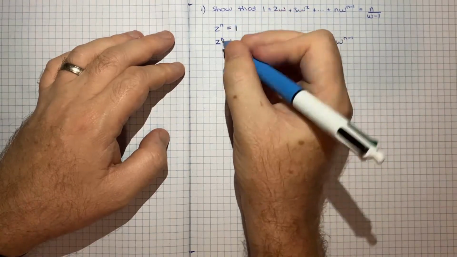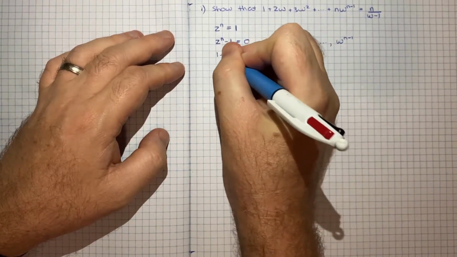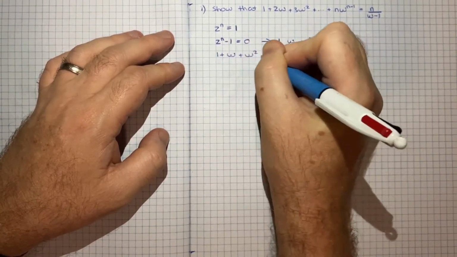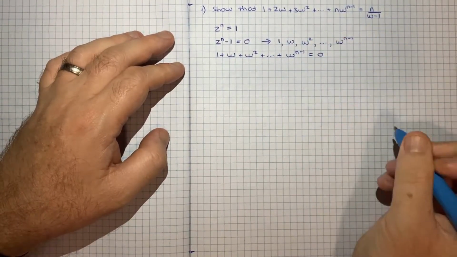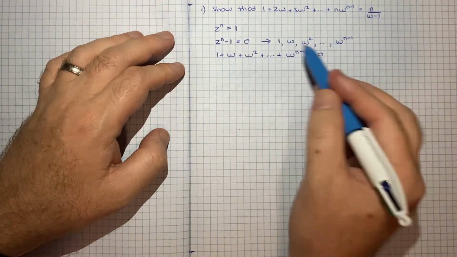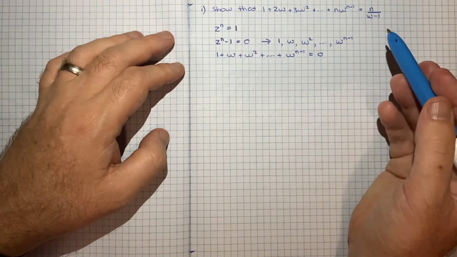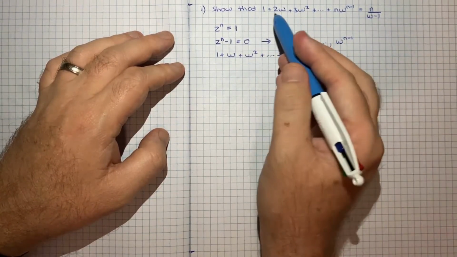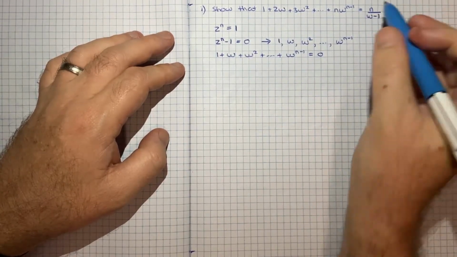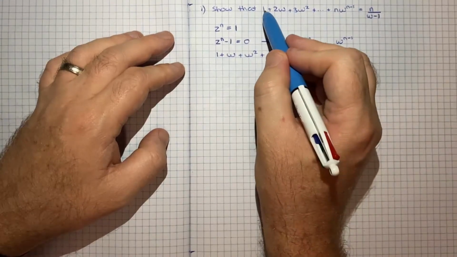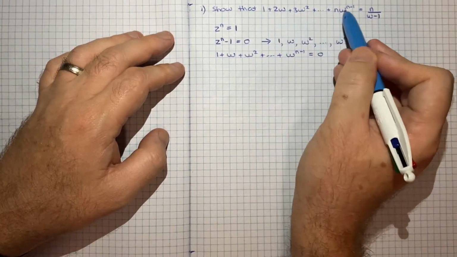We are told that we can use the fact that 1 plus omega squared all the way up to omega to the n minus 1 equals 0. Or in other words, the sum of these solutions adds up to 0. I think there's actually two ways you can prove this. There is one way involving calculus, because when I first looked at this, I noticed that this looks essentially like a derivative.